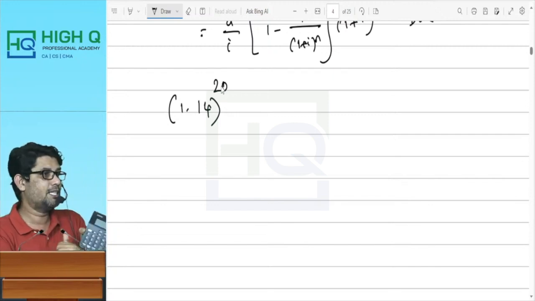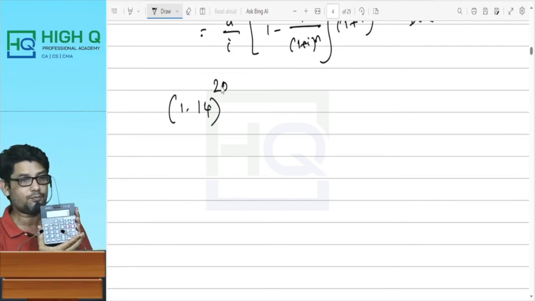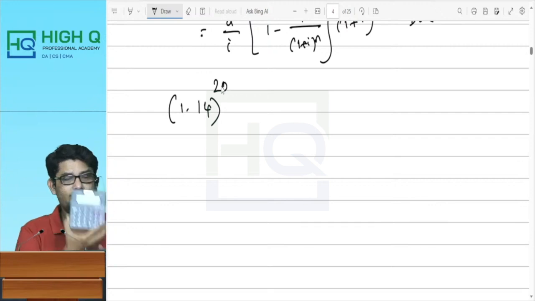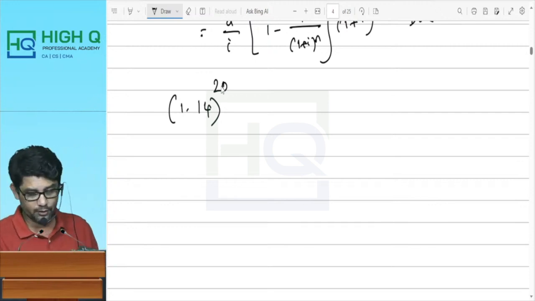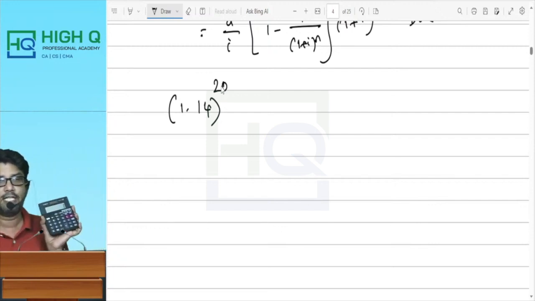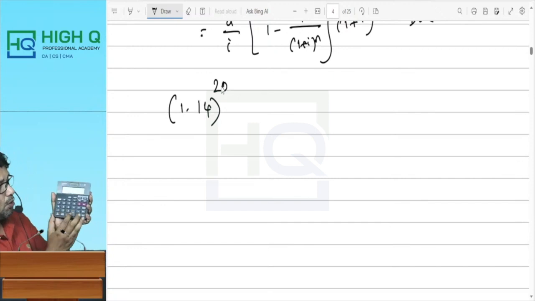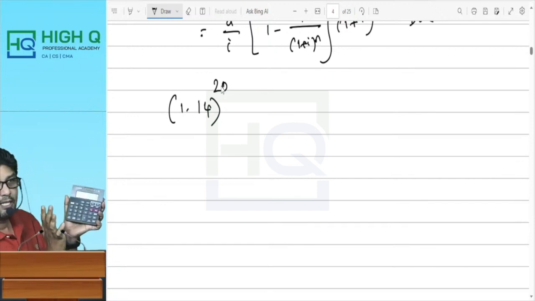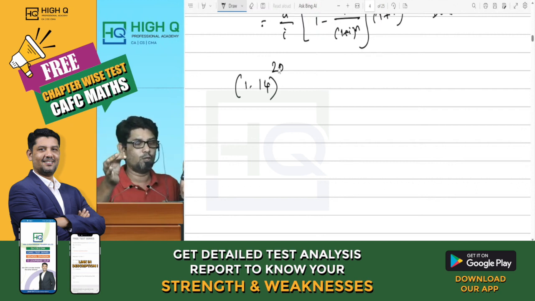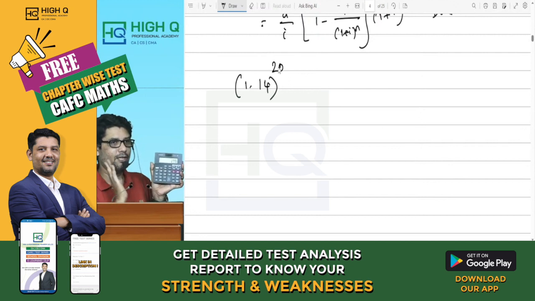Some cases they may not give, and for that reason we have to know how to use this calculator effectively. For example, 1.14 whole power 20. What to do, my dear? Type 1.14, then simply press into, equal to. That gives the square.